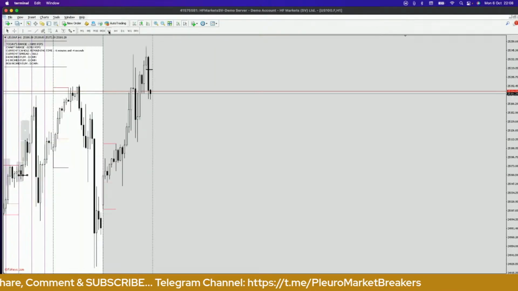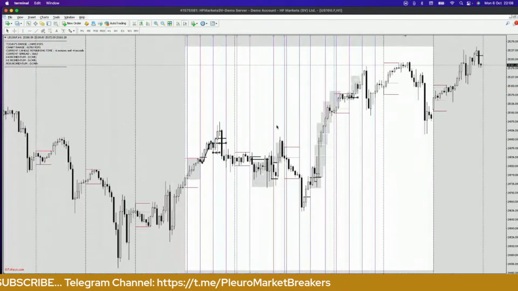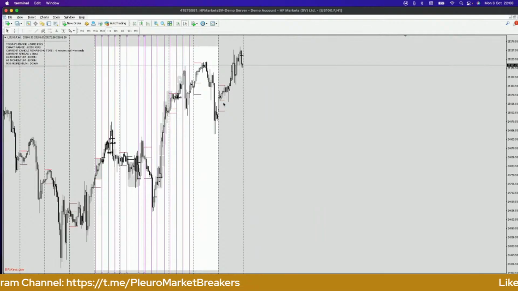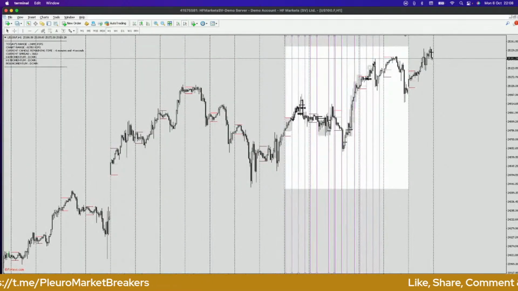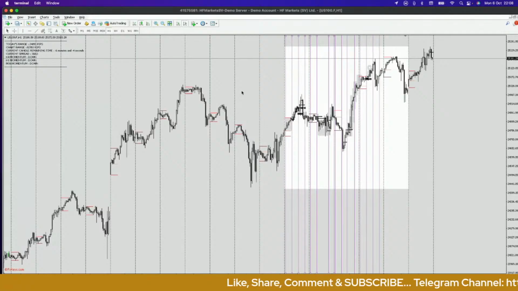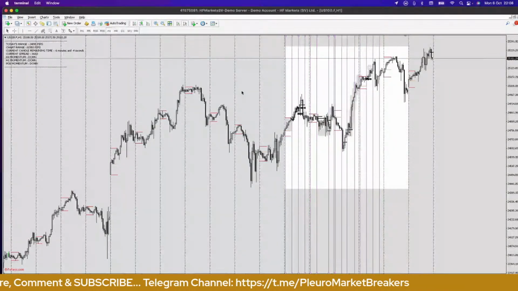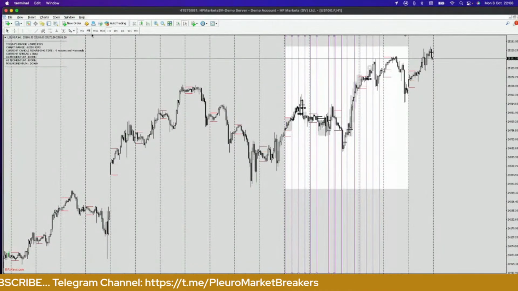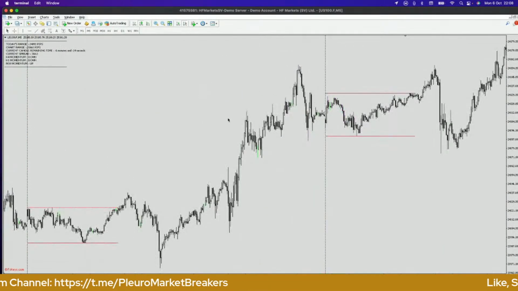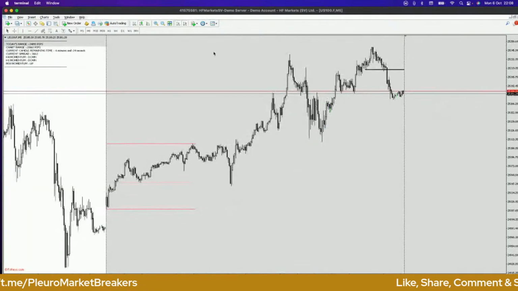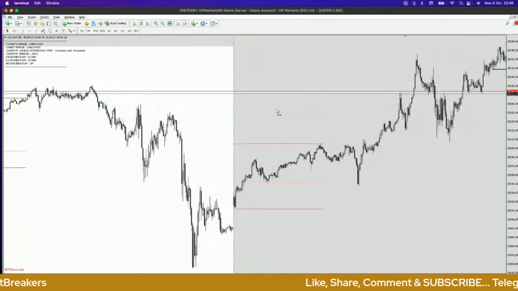Well, if you did your analysis properly, let's see. That high there. Okay, no, we're in uncharted territory. We are the highest the Nasdaq futures have ever been. So we don't know what's going to happen, but like I said, I would always come out at the end of London and then let New York give me a chance to re-enter.